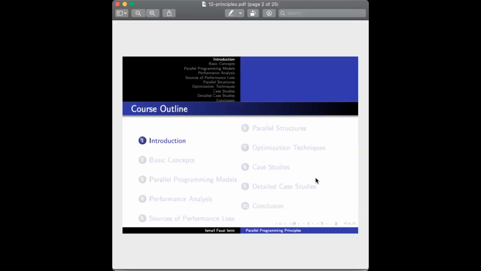And also next we'll cover performance analysis, performance loss, and common sources of performance degradation. And then examine fundamental parallel structure and optimization technique. Lastly, we will apply all these principles to a detailed case study before finally we draw our conclusion.